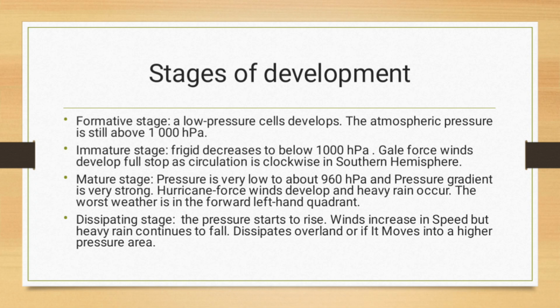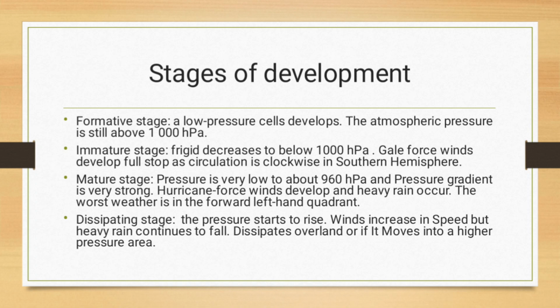When you talk about gale force wind, you are talking about strong winds. They are going to develop. So the circulation is going to take place in a clockwise direction in the southern hemisphere. The gale force winds are going to develop, and the air circulation is going to start and go in a clockwise direction in the southern hemisphere.